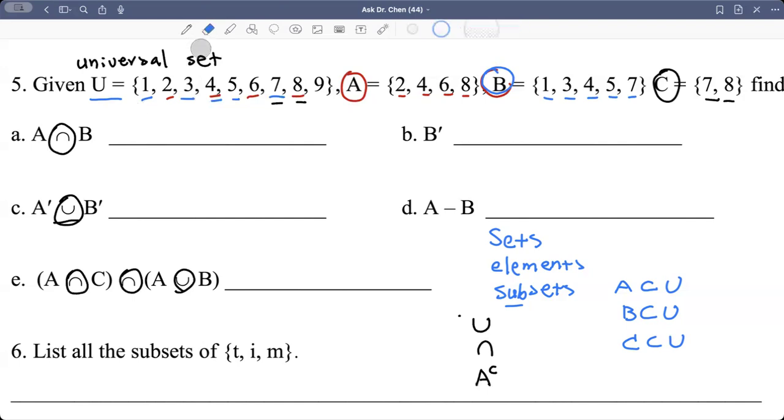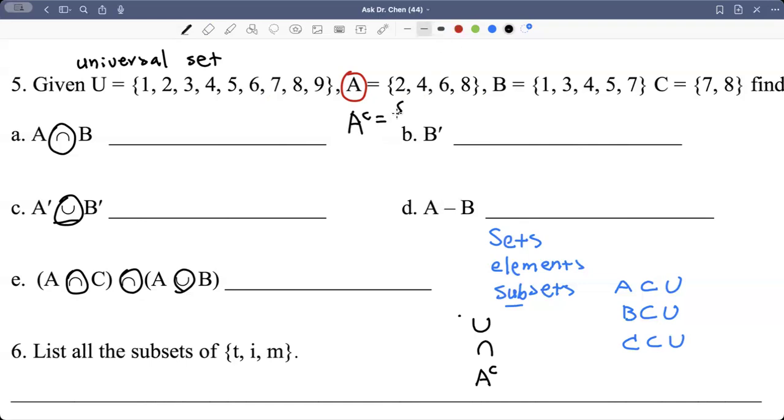Let's use this example to find A complement. We're treating U as a universal set. So A complement means the elements in U, but not in A. So 2 is in A, 4 in A, 6 in A, 8 in A. What's not in A, but in U? 1, 3, 5, 7, and 9. We call it A complement.